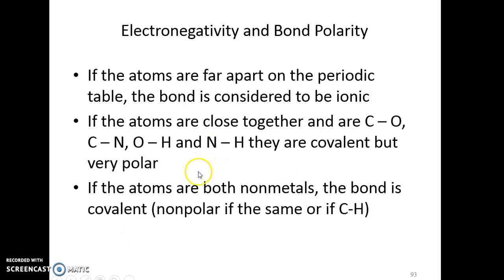If they are both nonmetals, these bonds are still polar, but only slightly polar. For instance, carbon to a sulfur is a polar bond, but it's only slightly polar. If the atoms are both nonmetals and they have the same electronegativity, we call it nonpolar. If they're the same atoms, or if you have carbon, hydrogen.